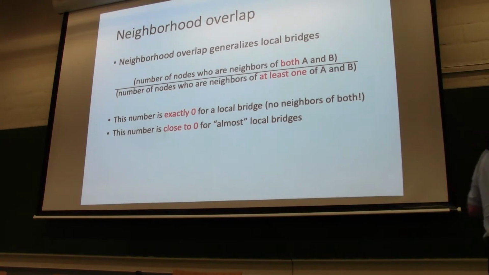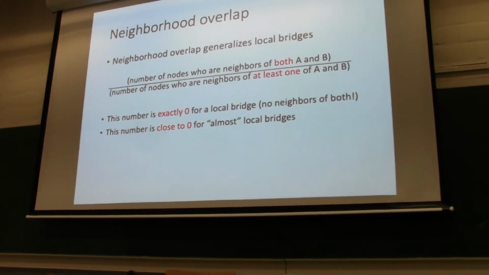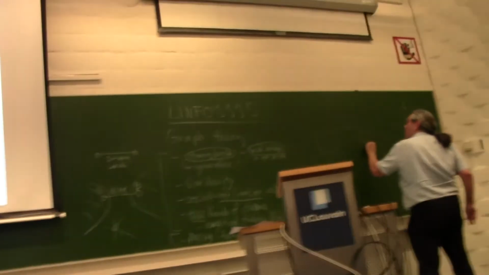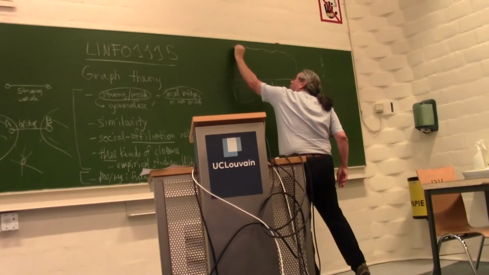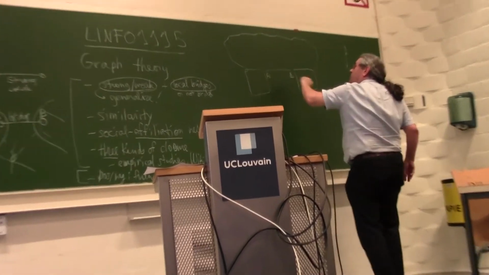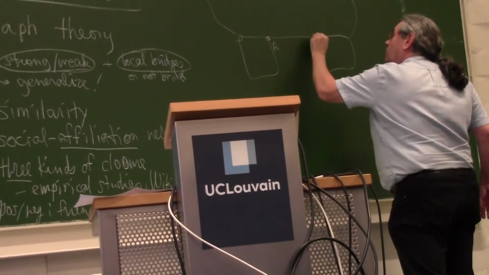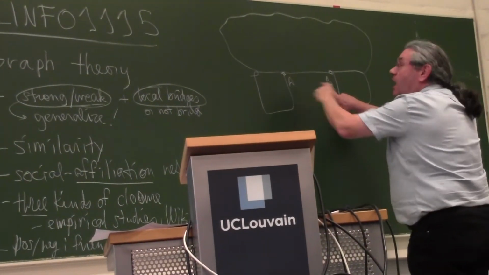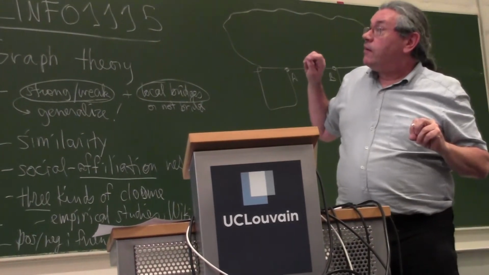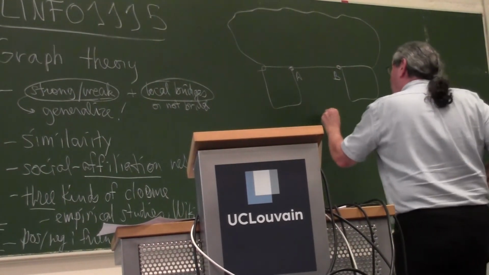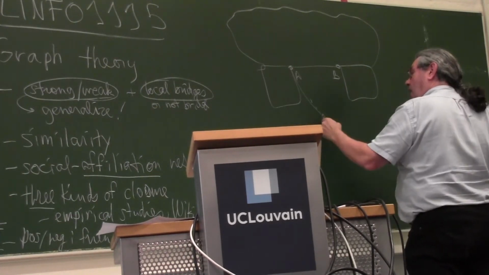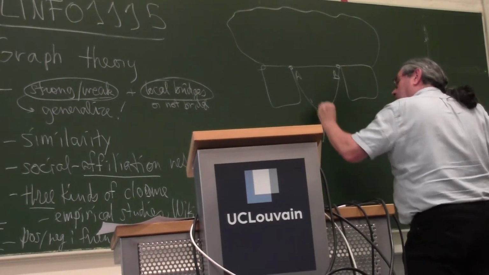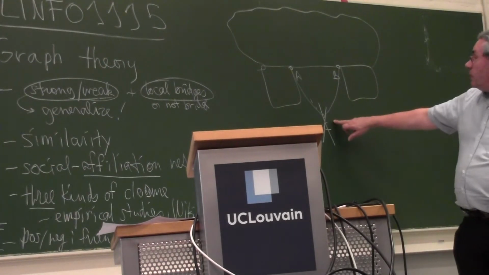Now, if you actually work this out, if I have a local bridge, remember we have A and B, and then maybe some other very long path here. So this is a local bridge. But A and B have no nodes that are neighbors of both. C could be a friend of A and a friend of B, but there's none of them, 0.